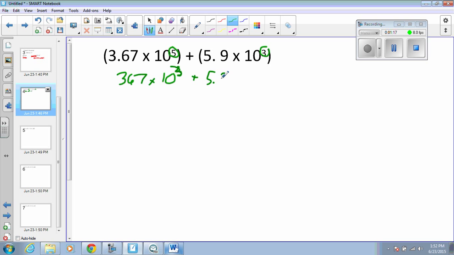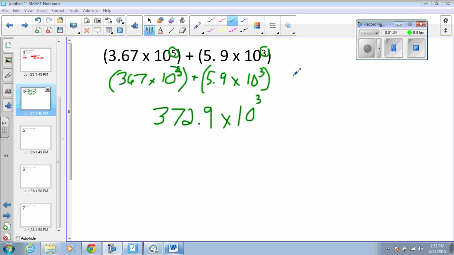Plus 5.9 times 10 to the third. Now I can add these two numbers together because they have the same power of 10. So 367 plus 5.9 equals 372.9 times 10 to the third.